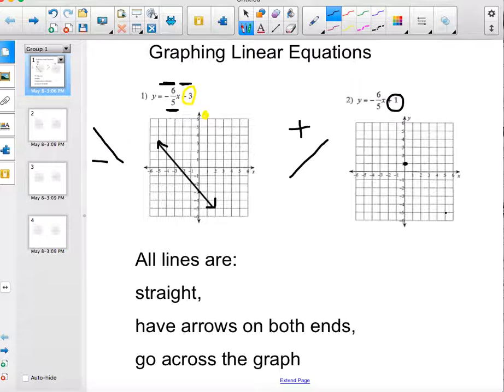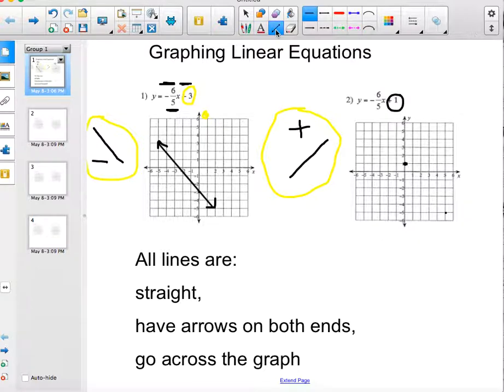So you have to remember these when you are graphing your lines. Is it a positive number? Is it a negative number? And make sure that your line is going in that direction. It's a negative slope, so I need my line going in that direction. So that's how I know that my second point should be here and not here.